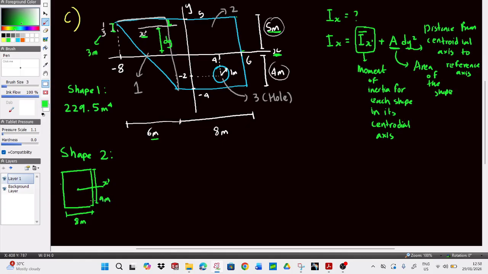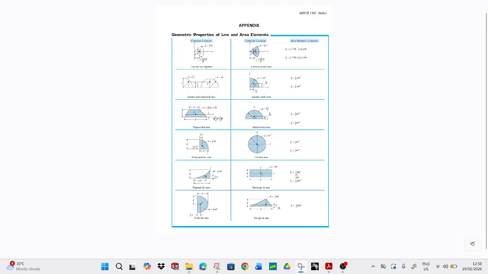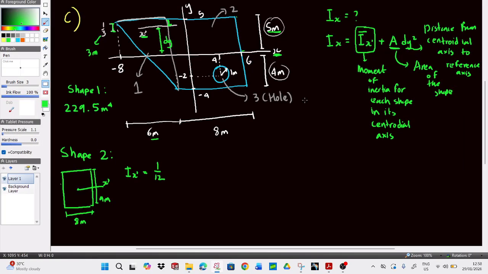Alright, so to find the Ix prime of the rectangle itself, you just use 1 over 12 BH cube, because if you look at our appendix, for a rectangle it's 1 over 12 BH cube for Ix. So your B in this case is 8, your H is 9, so it becomes 9 cube.